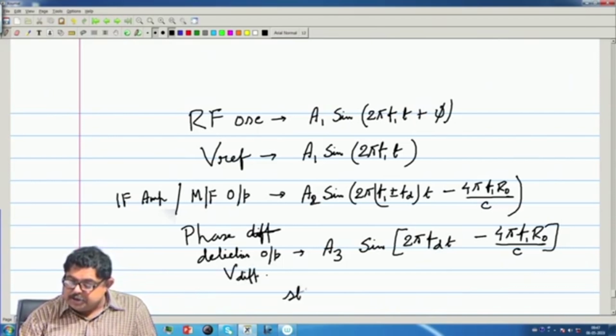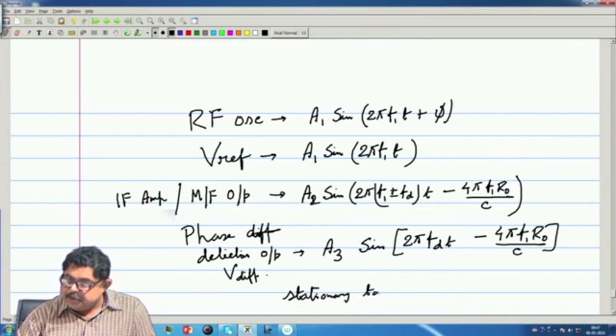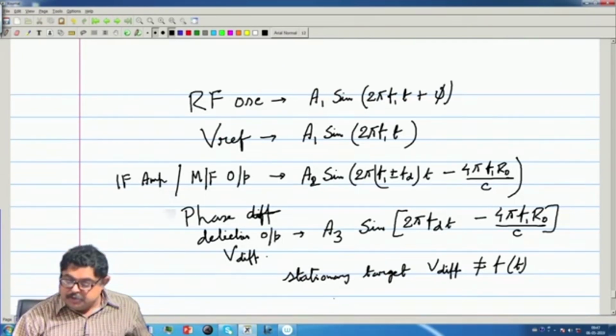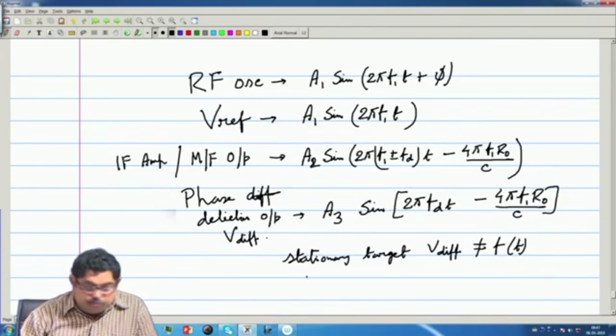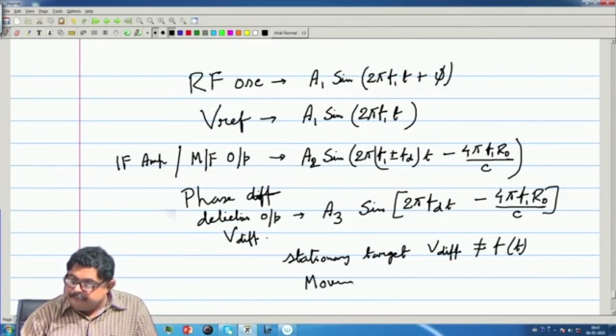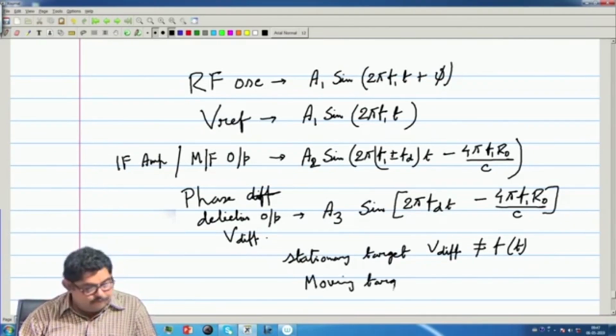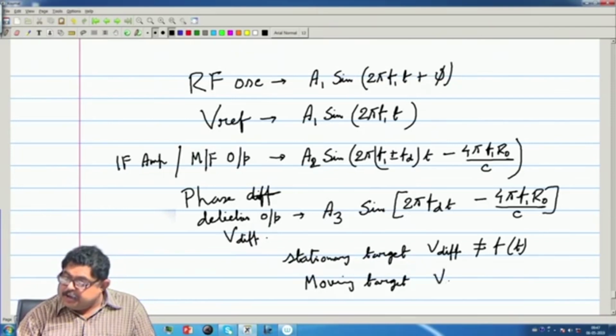So, for stationary target, V difference is not a function of time, and for moving target, V difference is a function of time.